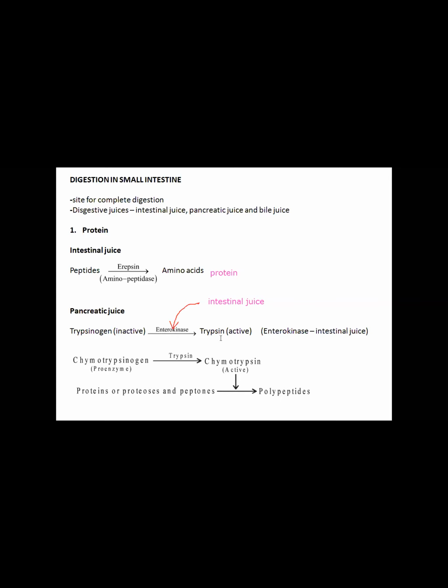Now chymotrypsin will act on all the proteins or the peptone that were not digested in the stomach and convert them into polypeptides. Polypeptides are peptides only. Many peptides attached together are known as polypeptide, meaning a large amino acid structure, you can say.